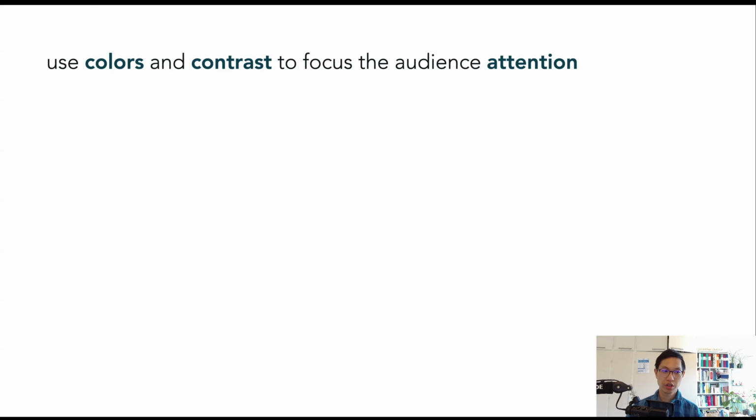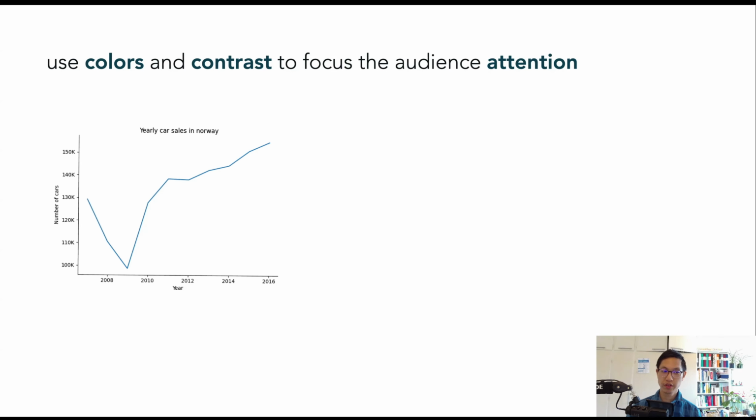We could use colors and contrast to focus the audience's attention. So moving from this graph here, let's use colors sparingly, and contrast. What that means is that we can make this part here thicker and a clearer color.